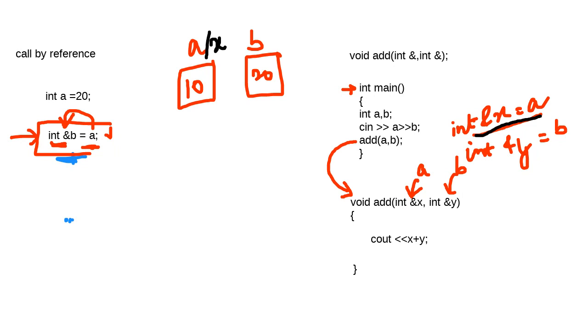Don't write x equal to 10, because we can change the value later on, right? Writing x equal to 10 means you can change the location. But I'm saying this location has two names now, one is a and one is x. Then again, second line, int ampersand y equal to b. So now this location has two names, b and y. Do you get the point?